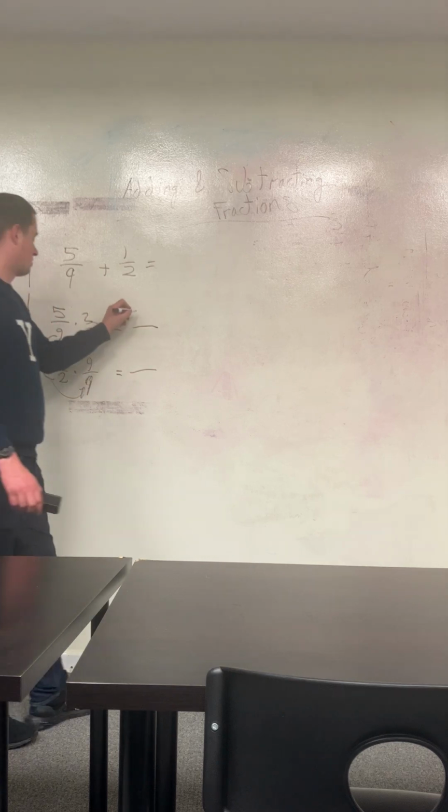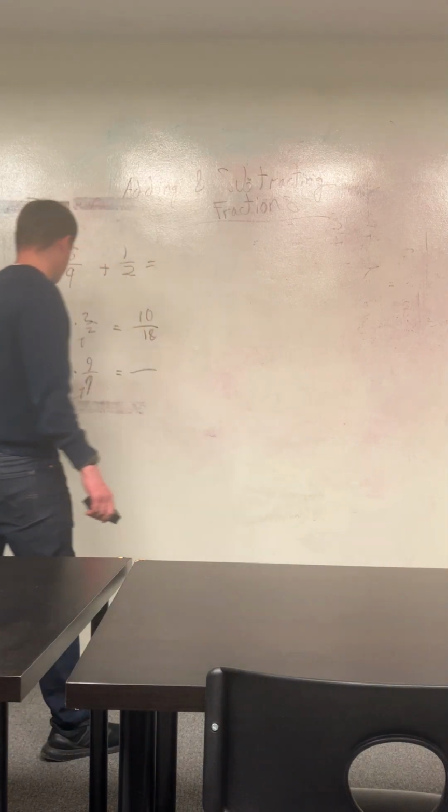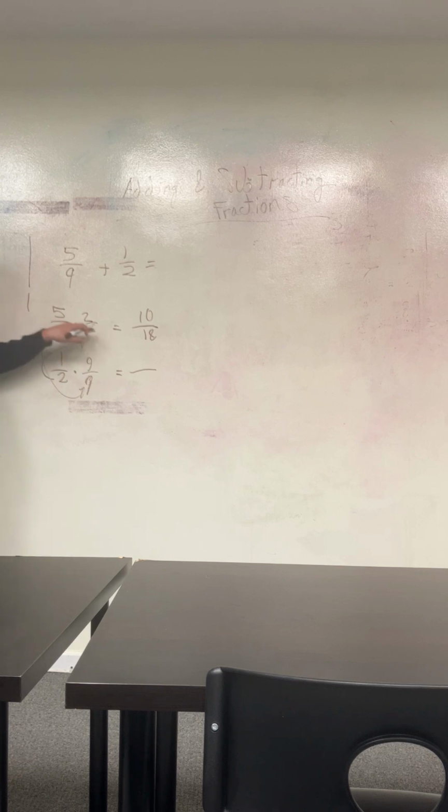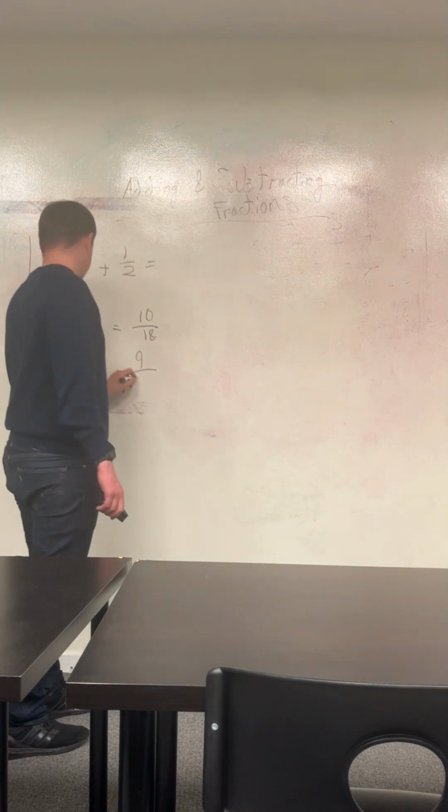If you're in doubt, you can always multiply this one by the bottom number here, 2/2, and you can multiply this one by 9/9. Because they're both going to end up with the same denominator, since down here you're doing the same thing, just flipping the directions. 9 times 2 and 2 times 9. And here we have 18.